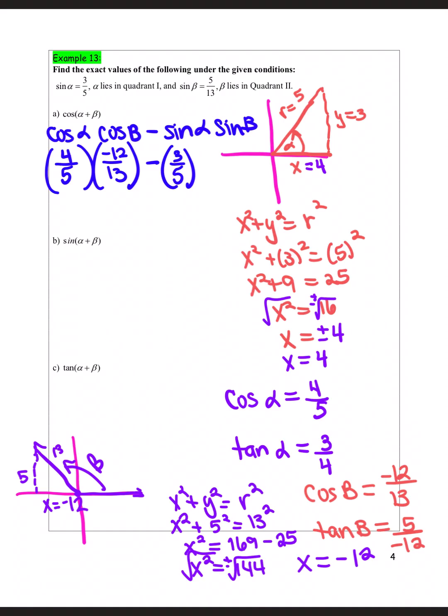And sine of beta was given, which is 5 over 13. 4 times negative 12 is negative 48 over 65. 5 times 13 is 65. Minus 3 times 5 is 15. 5 times 13 is 65. We already have the common denominator. Negative 48 minus 15 is negative 63 divided by 65.